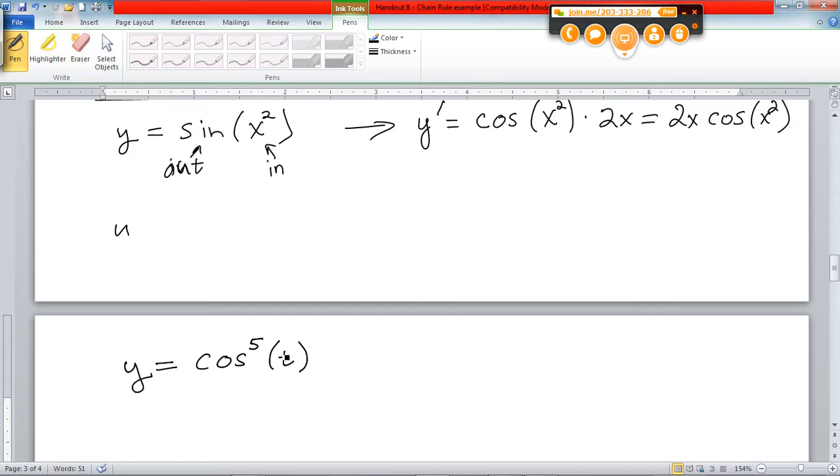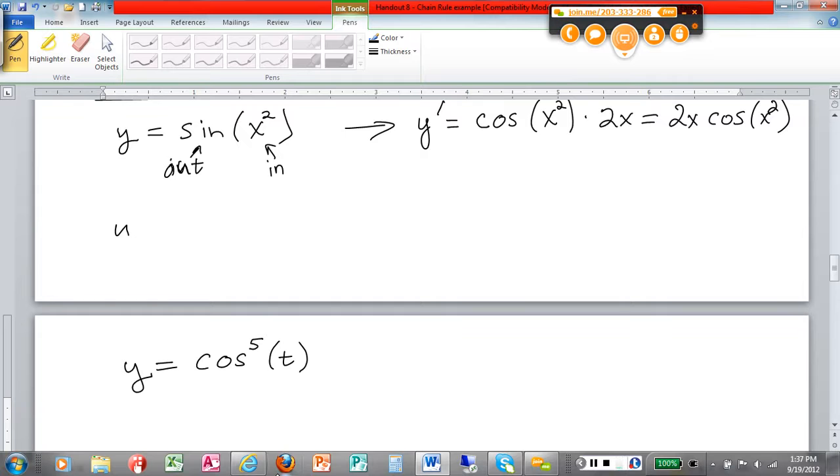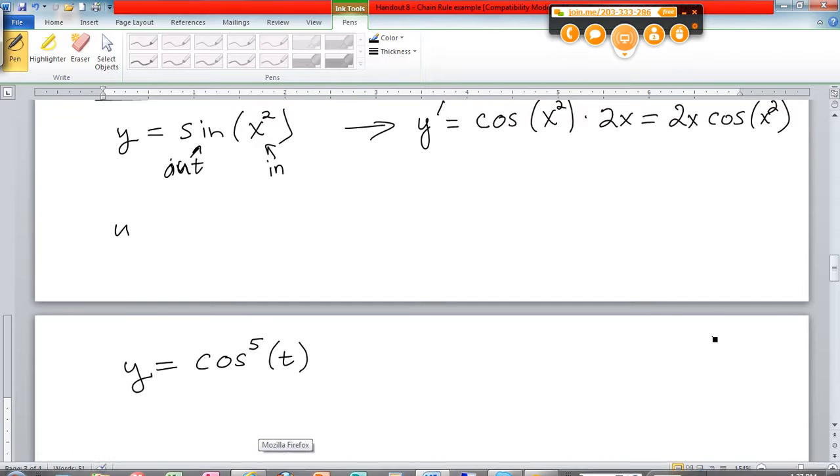And you may or may not have parentheses there. This one is a bit different than the previous one. Here's why. For one thing, if I said the inside was just the t, that's nothing special. That's just t.